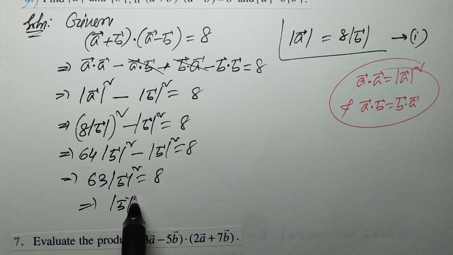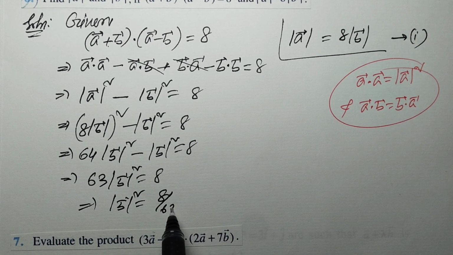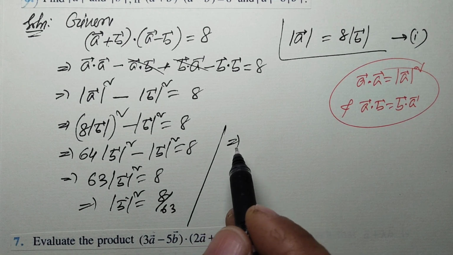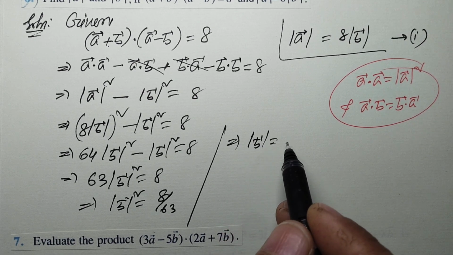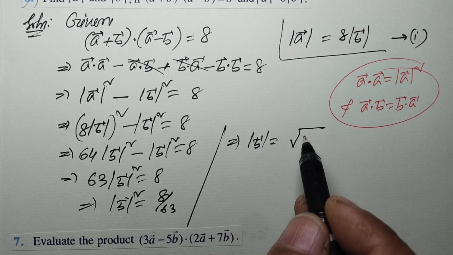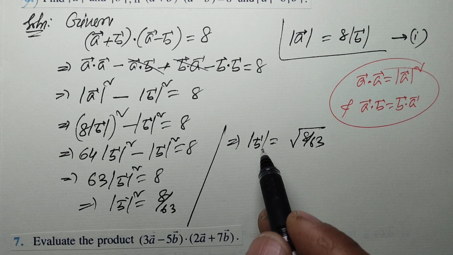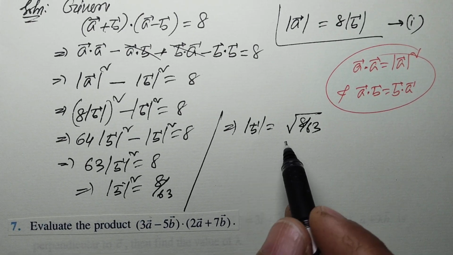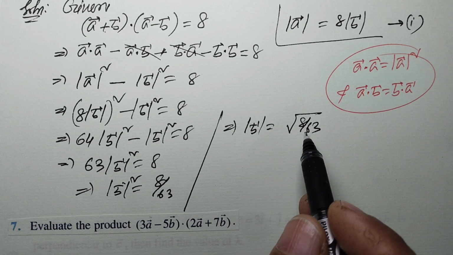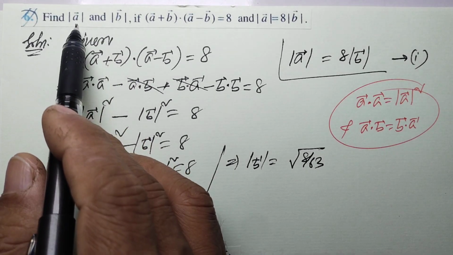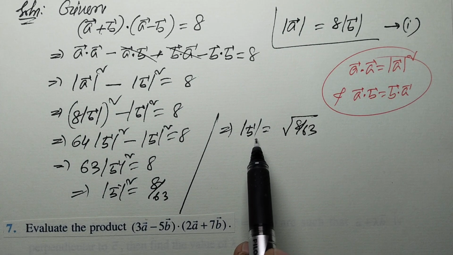And finally b magnitude square is 8 by 63, implies b magnitude is plus minus square root of 8 by 63, and negative is not possible because it is a magnitude, so it must be only positive. So we got the b magnitude.